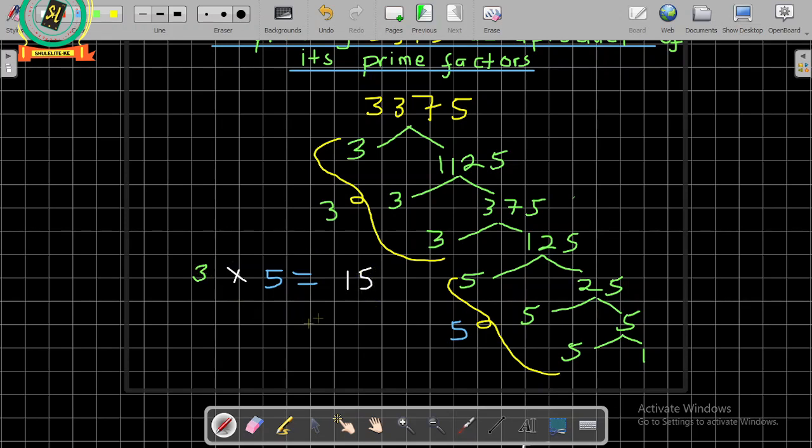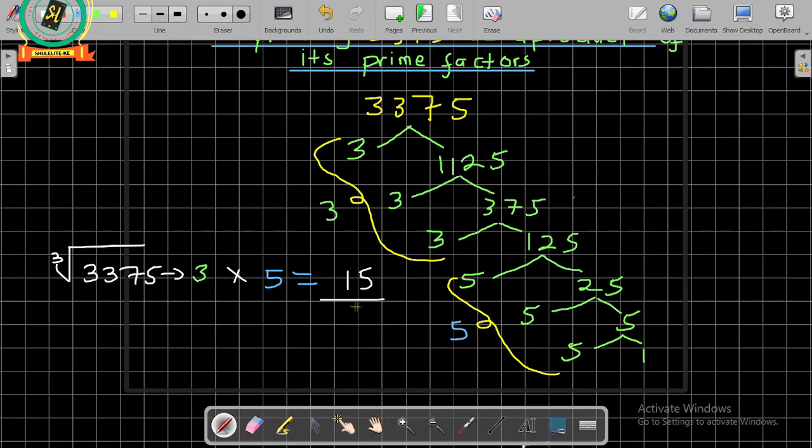Good. From here we are seeing that the cube root of 3,375 is the same as 3 times 5, which is going to give us 15.